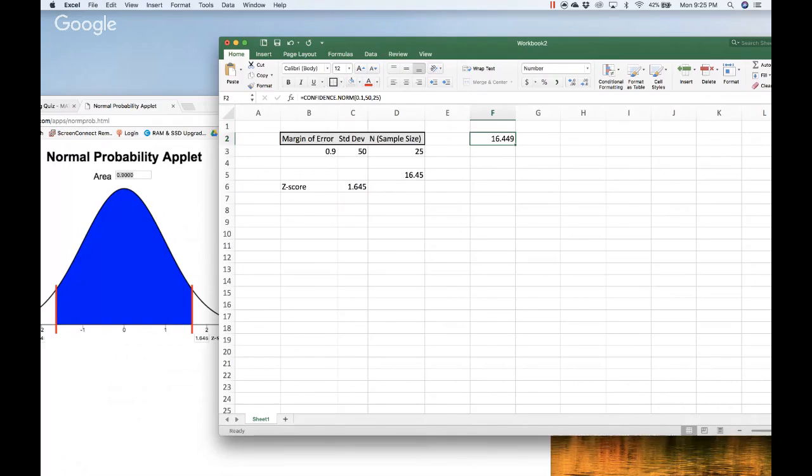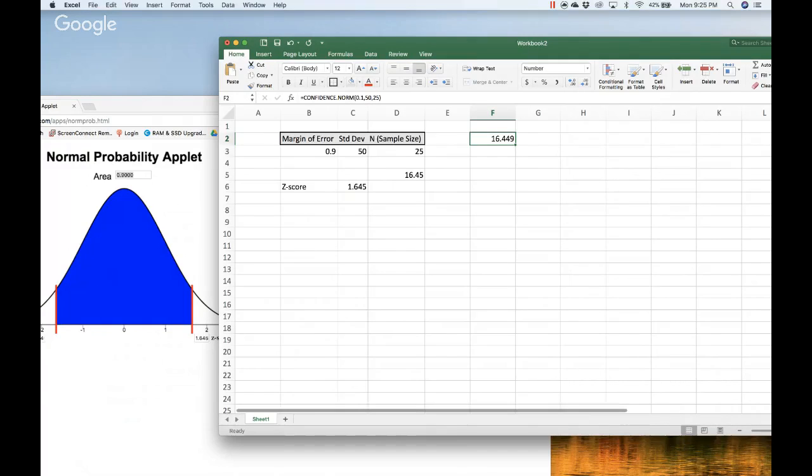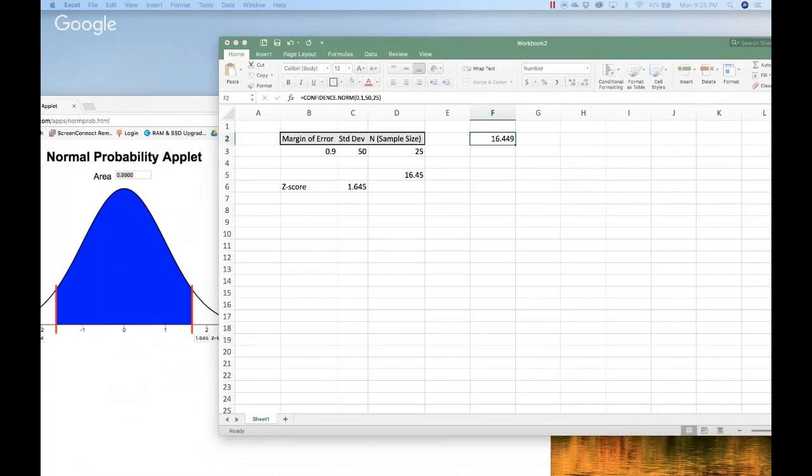According to Excel, which I would trust more than my basic math skills. What do you mean? Come on, you trust my math skills. I mean, your math skills are way better than Excel. You're supposed to round it off, isn't it? To 3. So what's the score again? 1.6449. So that's going to be 1.645.